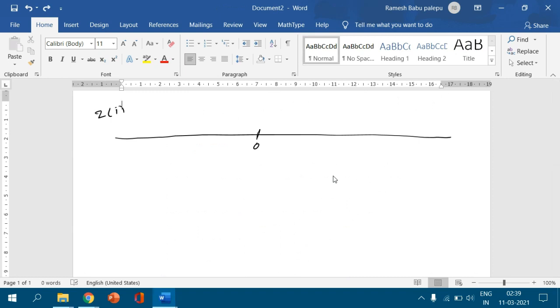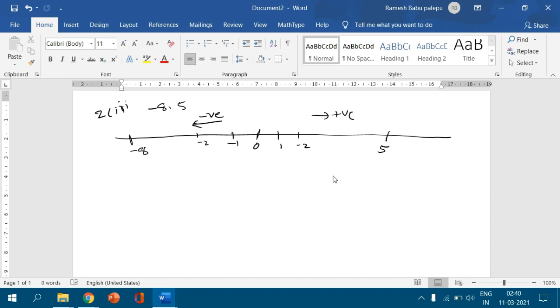We know that to the left side of 0 there are negative numbers, and on the right side there are the positive numbers. So this is -1 and -2 like that. Somewhere here the -8 is there, and the positive numbers 1 is there, 2 is there and so on. Somewhere else 5 is there, right.